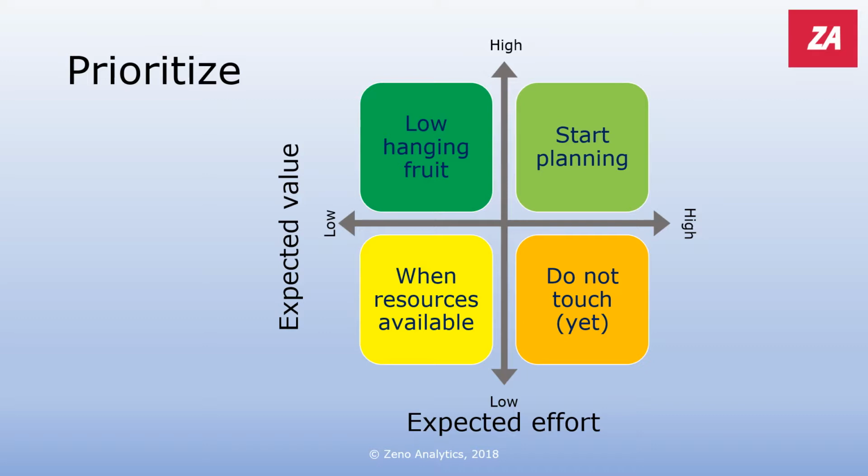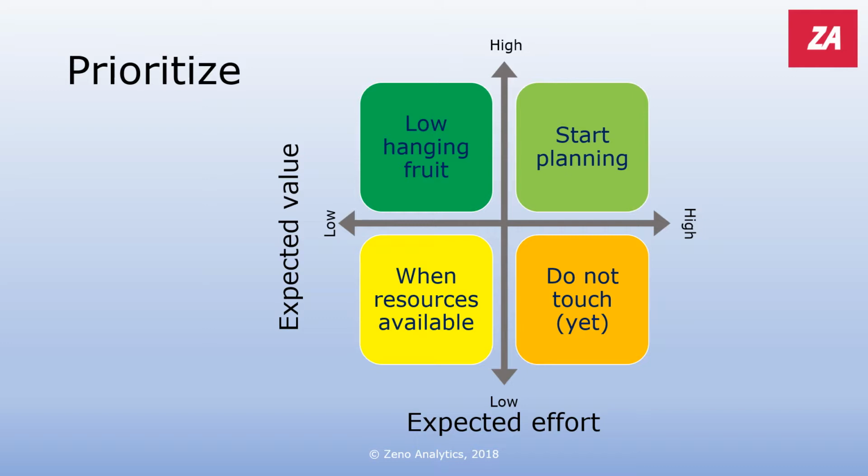And once you've looked at where your potential value drivers from analytics are, you would need to look at the expected value and the expected effort, and you can build a prioritization matrix. Now this one is very simple, a high-low division, where if the expected value is high and the expected effort is low, that is your low-hanging fruit.